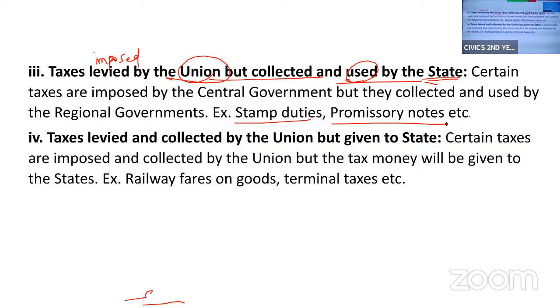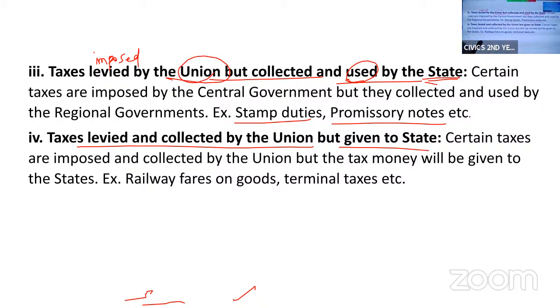The next one is taxes levied and collected by the union, but given to the state. Here, what is happening? This tax is collected by the union government and they are giving the tax money to the state government. Taxes are imposed and collected by the union government, then they give that money to the state government.